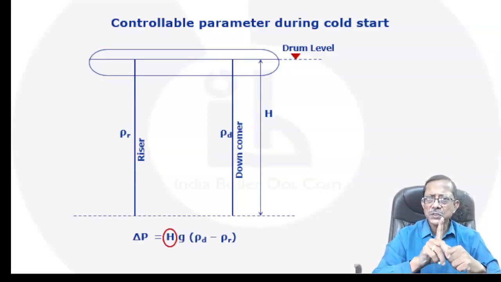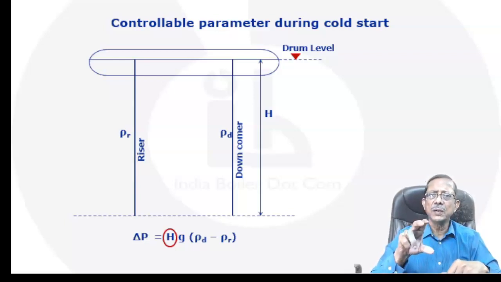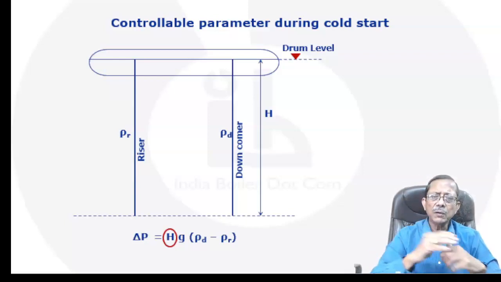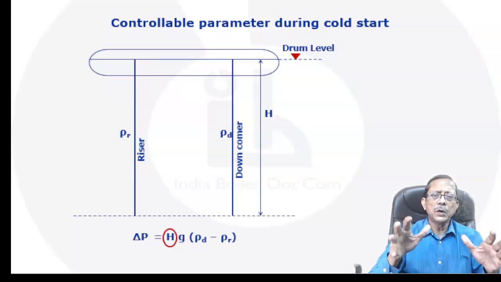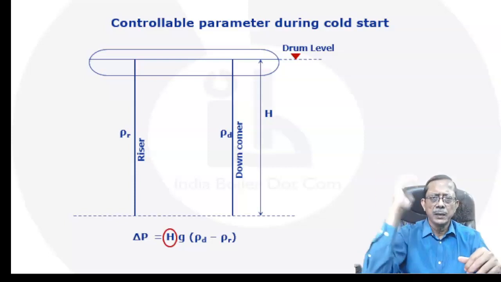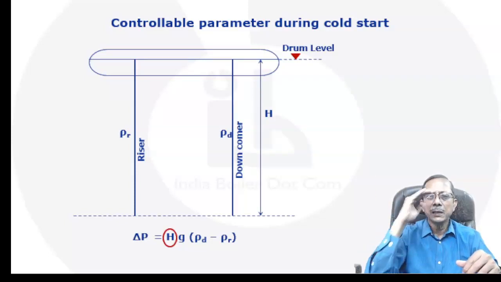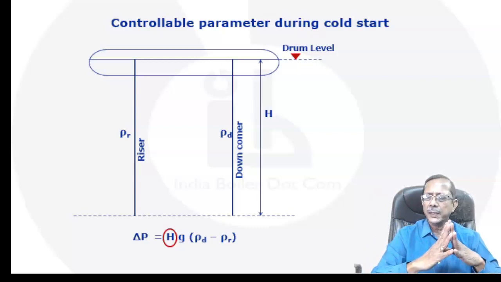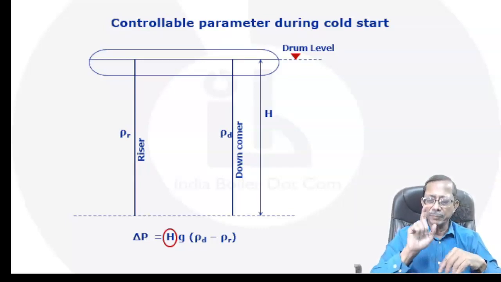But the one which is in your control, that is the drum level, even that you are putting down at a lower set point just to avoid the condition where some momentary mistake may lead to exceeding that particular drum level, and then you would be in trouble, right? So that is a very critical parameter to monitor and maintain.